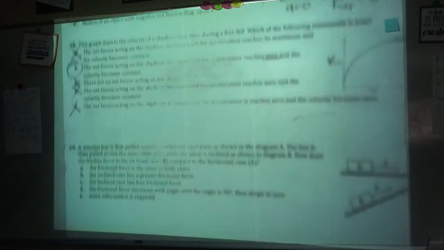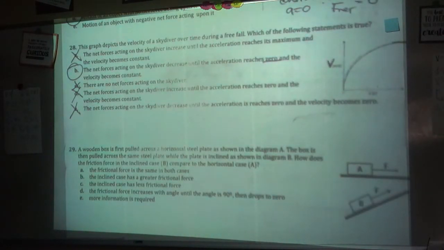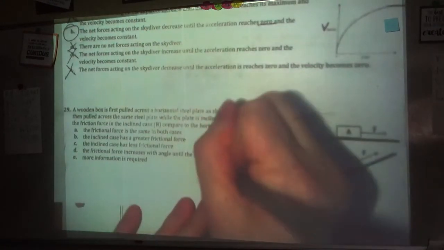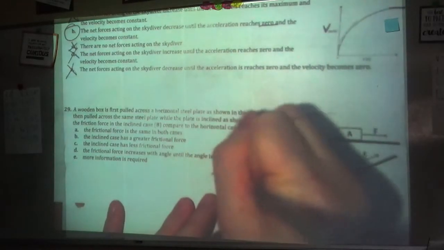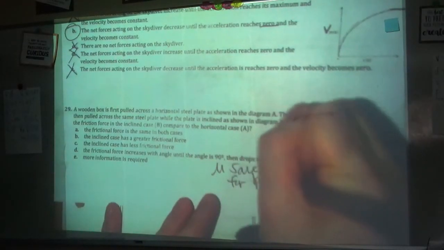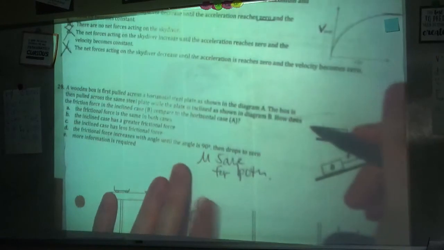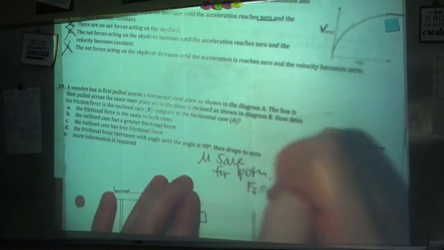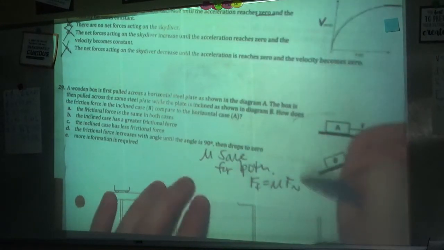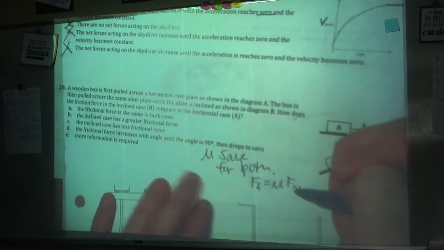29. A wooden box is first pulled across a horizontal steel plate. As shown, the box is then pulled across the same steel plate, but inclined. How does the friction force compare? So mu is going to be the same for both. If it's the same for both, and we're looking at mu Fn, we're really looking at which one has a different Fn.